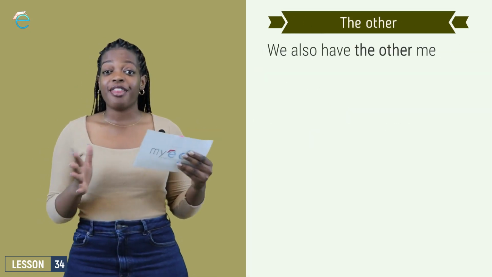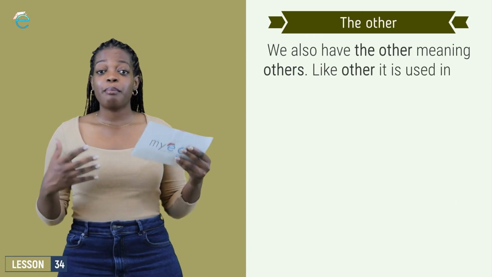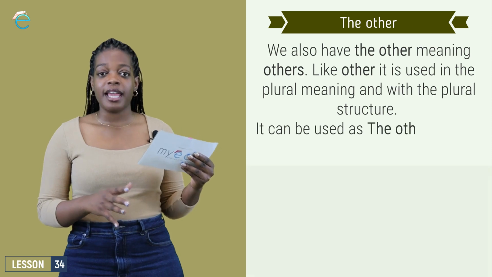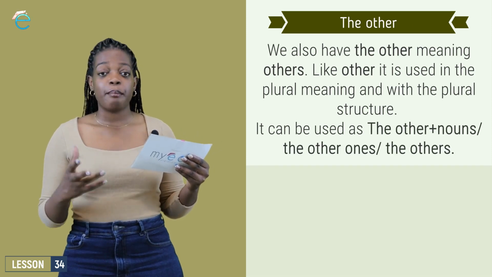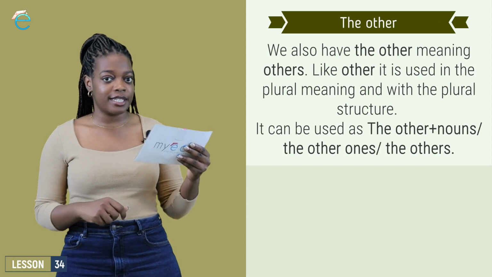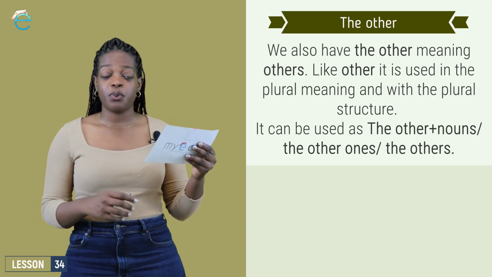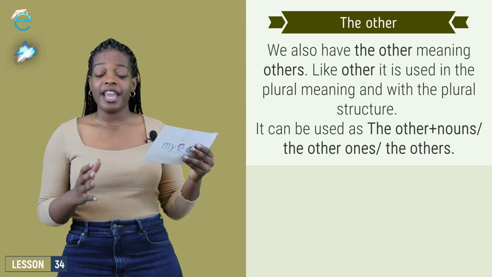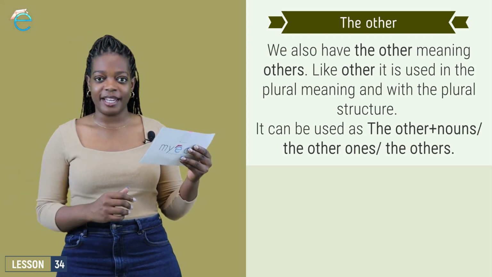Now, we also have the other, but used in plural sentence structures. Just like other before, it follows the same structures, but for plural sentences. So that means we use it with the other plus nouns, the others, or the other ones with an S ending.